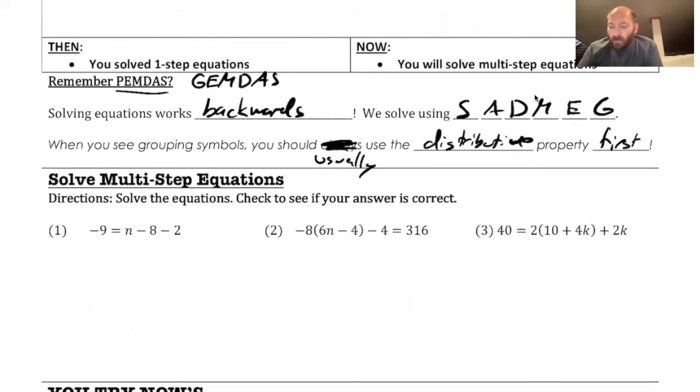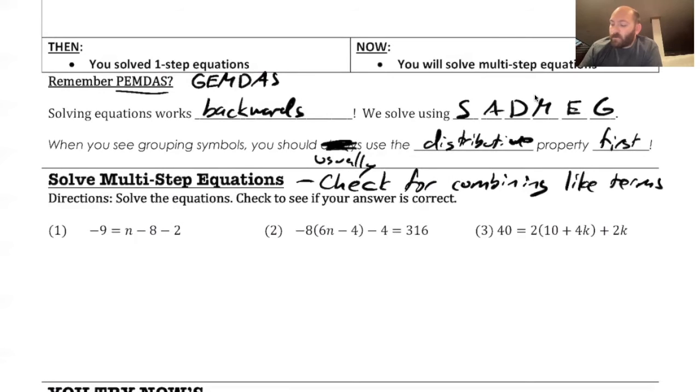So let's start with number 1. Here's our multi-step equation. In this scenario, sometimes our steps for multi-steps is to combine like terms. So that's one thing I have to do: check for combining like terms. For example, in number 1, I could put the -8 and -2 together.